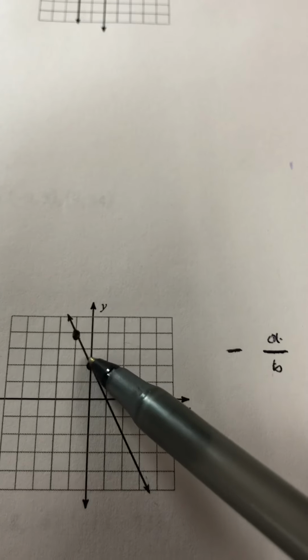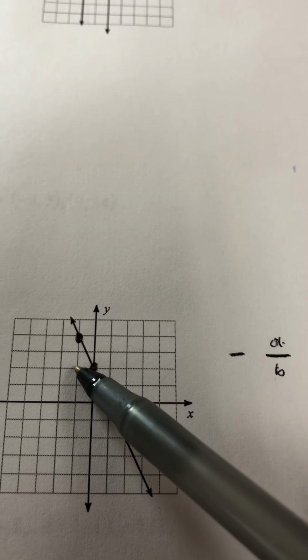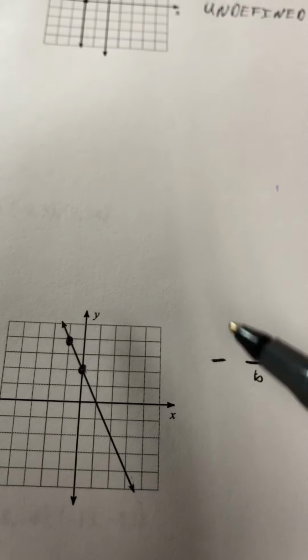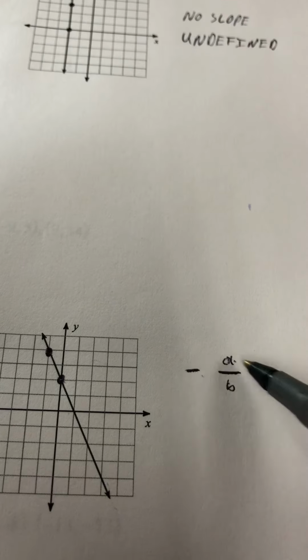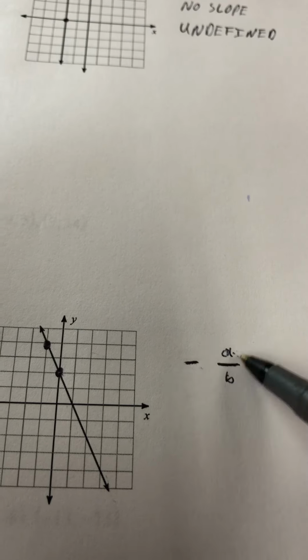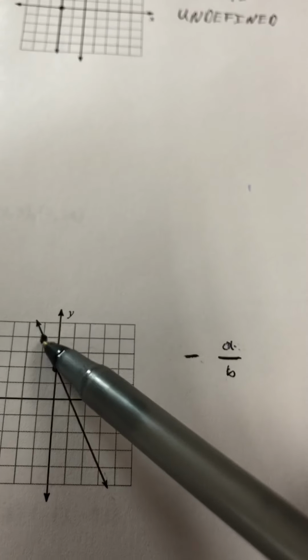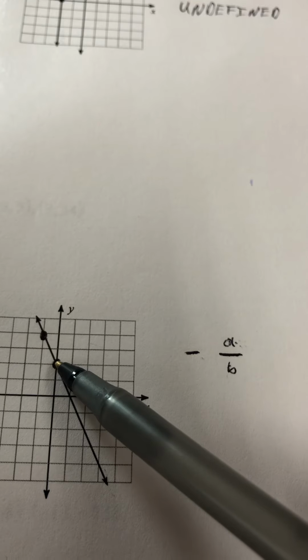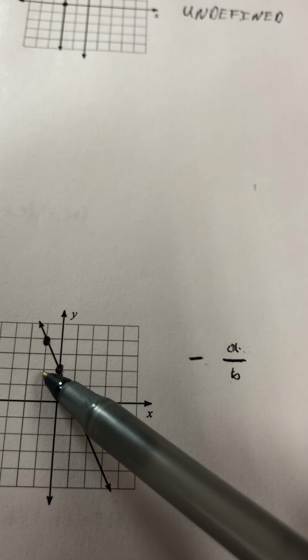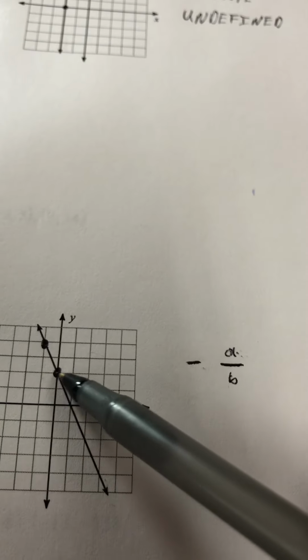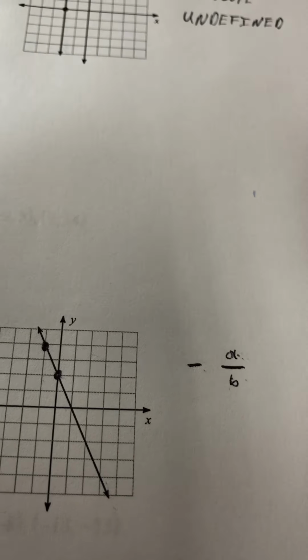So from this point to this point, how far does it go down and over? The rise is a negative rise, which means it's going down. So it goes down how many, over how many. Down how many is your top number, and over how many is your bottom number.